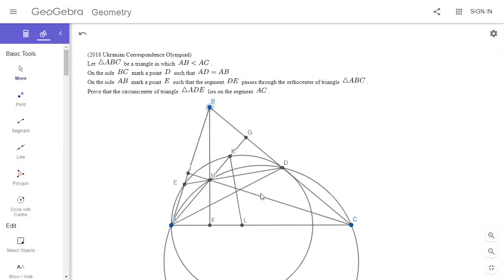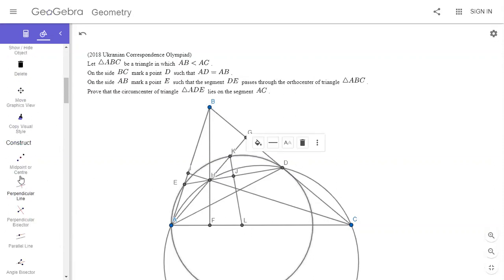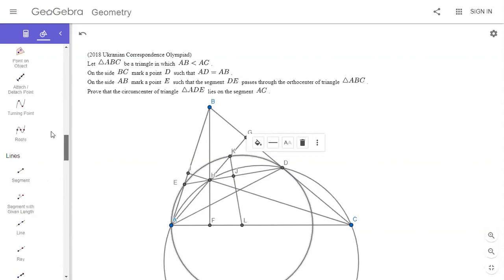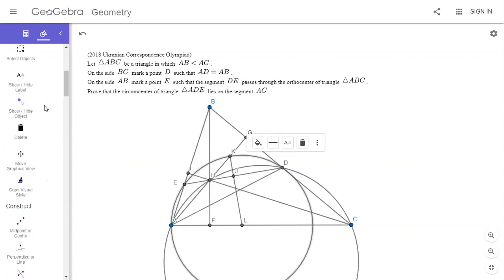I think we should label the point of intersection of KL and ED, because we then will have HFLX would be cyclic and might use that. Okay, yeah, this would be a cyclic quadrilateral here. But let's say, what if I hide this circle?